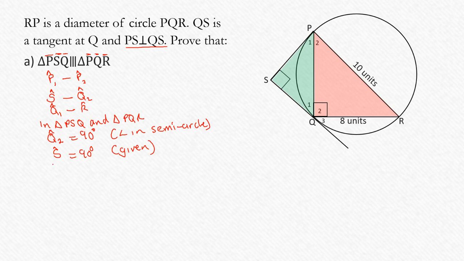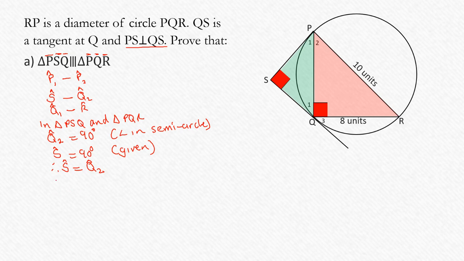So therefore, we are starting with triangle PSQ. We can say angle S is equal to angle Q2, because both of them are equal to 90 degrees. So this angle is equal to this angle. And then we go to the second pair, the tan chord theorem. We're starting with triangle PSQ, so it's Q1 there.